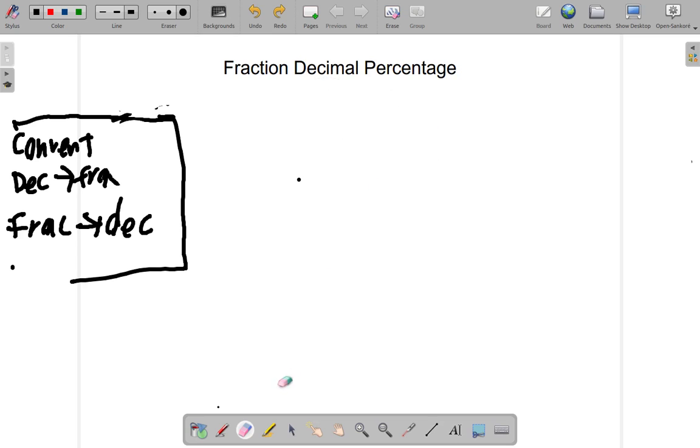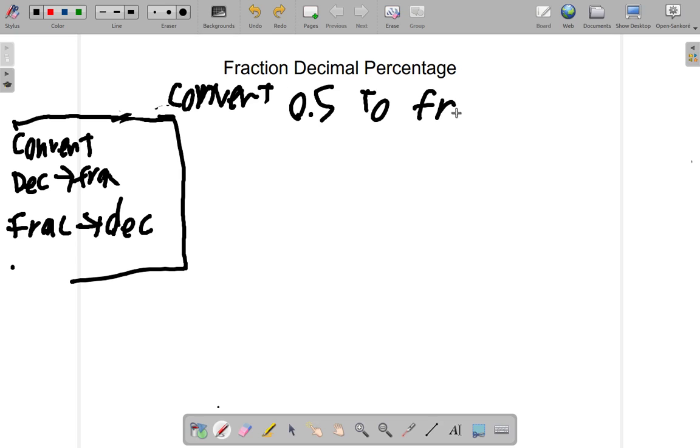Now, let's convert 0.5. It means 0.5 over 1, but originally, you would not see 0.5 over 1. We convert 0.5 to a fraction. If you convert 0.5 to a fraction, you first of all write it as 0.5 divided by 1.